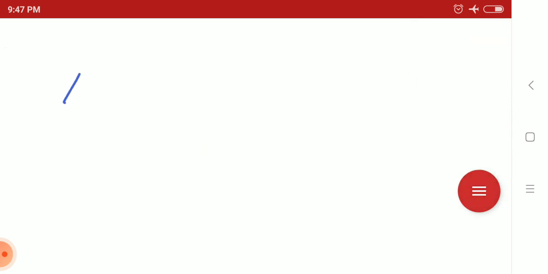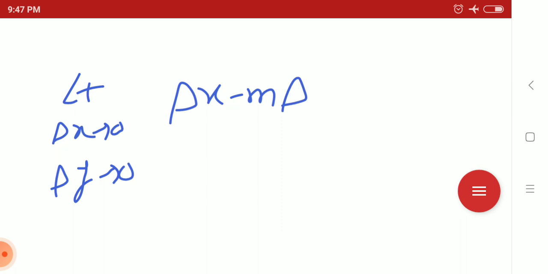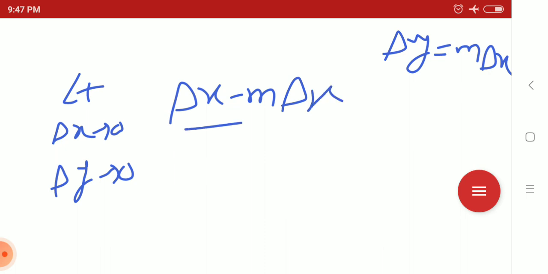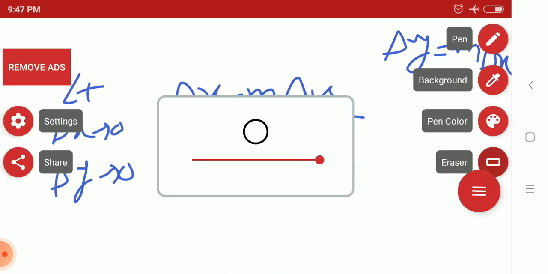limit delta x tends to 0, delta y tends to 0, of (delta x minus iota delta y) divided by (delta x plus iota delta y). Put here delta y equals m delta x: delta x minus iota m delta x, divided by delta x plus iota m delta x.